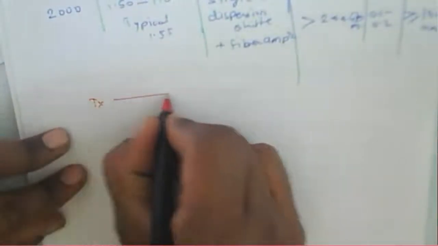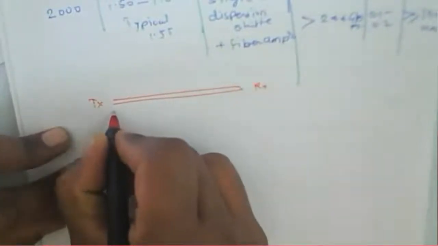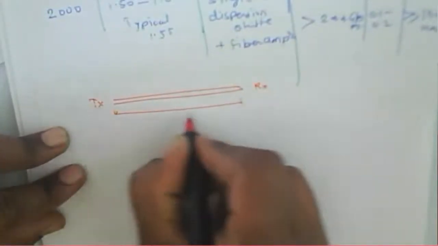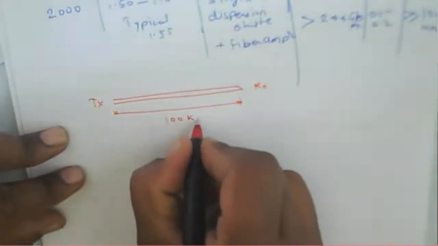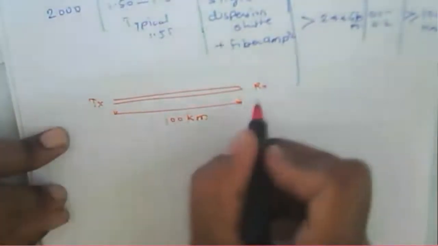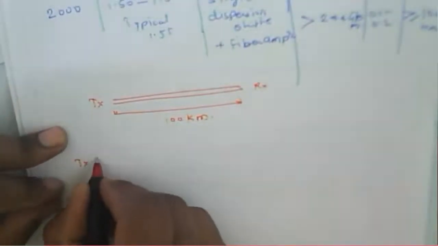Repeater means what? We have a transmitter, a fiber, and the receiver, and that length is about 100 kilometer maximum over which we can transmit a signal.